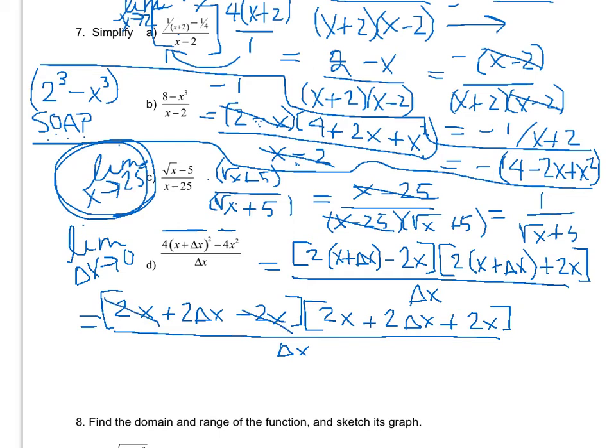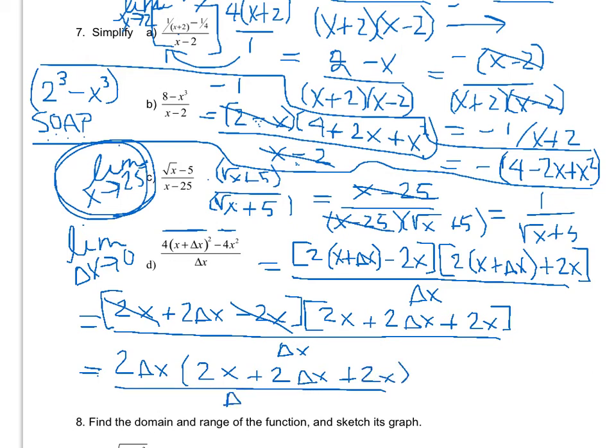Those 2x's cancel, and now I'm left with 2 delta x times the quantity 2x plus 2 delta x plus 2x all over delta x. And my delta x's cancel, which is what you wanted. So don't distribute until you see if things cancel.